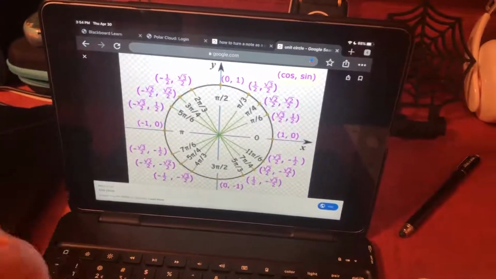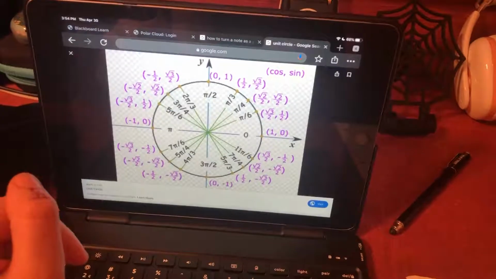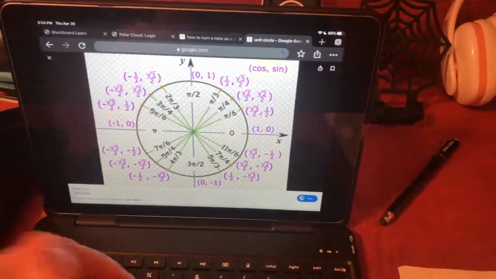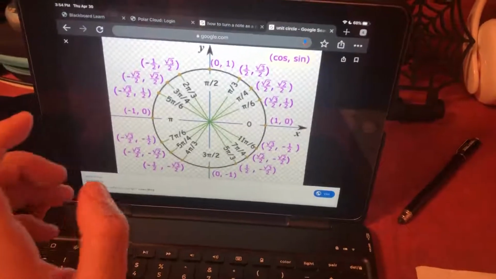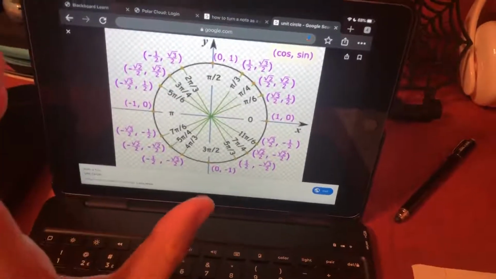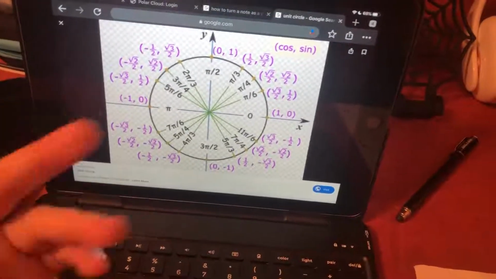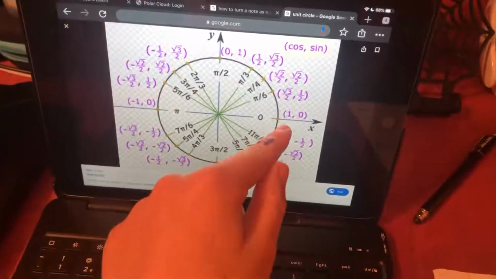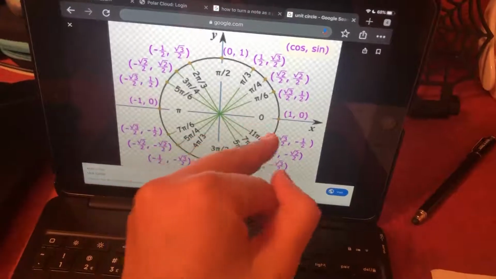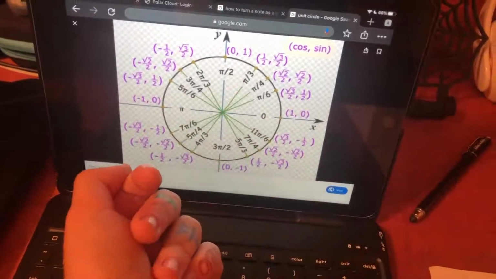And just keep practicing that, especially when you're given an angle that isn't necessarily part of the unit circle, but is a little bit past 2 pi, so it might be a little bit more.